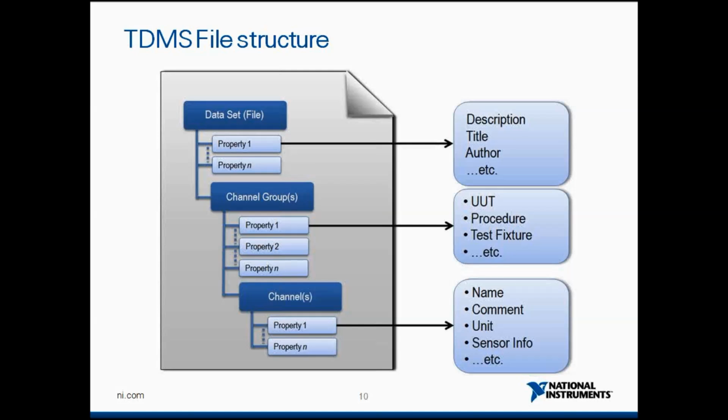These channel groups may be grouping of various sensors. For example, a particular group may be defined for storing temperature data. And under that channel group, I'll be having various other channels that will be acquiring information from various temperature sensors. And these groups and these channels have their own.